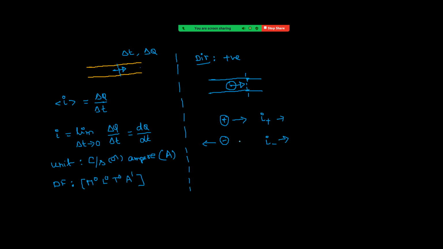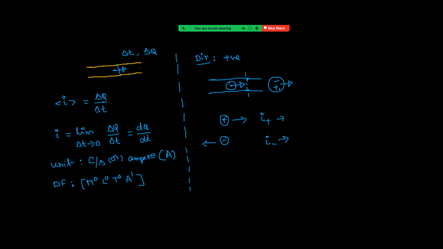Students may have a confusion that plus and minus total value is negative. That is not correct. Take this atom, which is neutral, a combination of plus and minus. An atom moving to the right means positive and negative both are moving in the same direction.